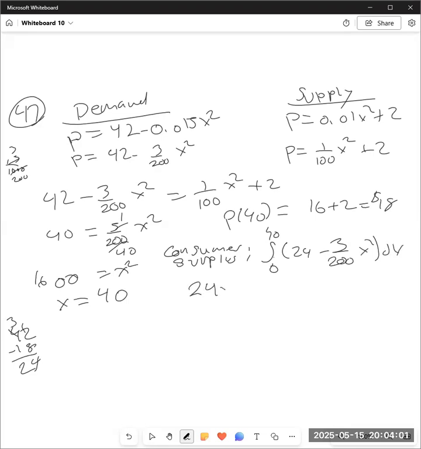That gives me 24x minus 1/200 x cubed from 0 to 40.